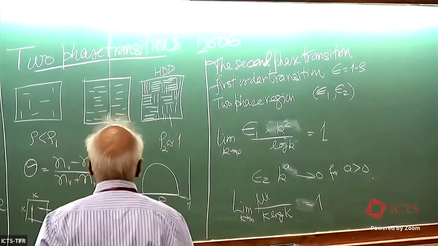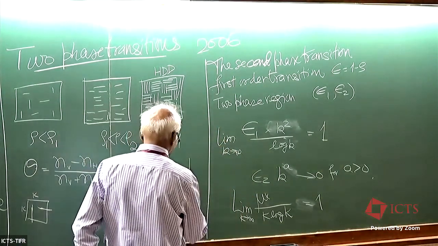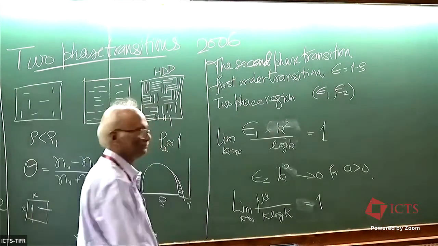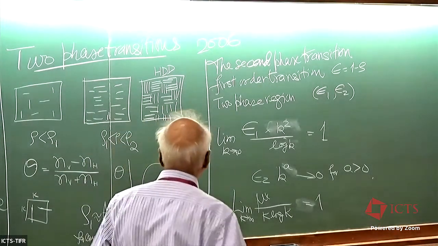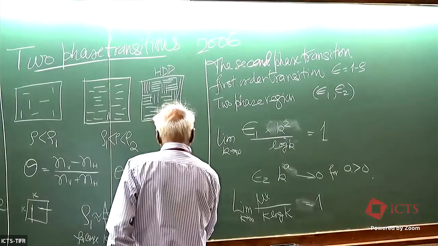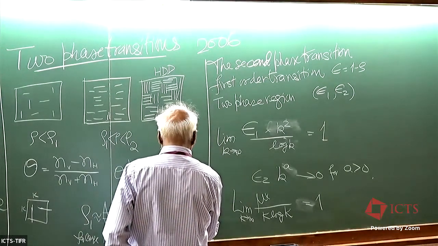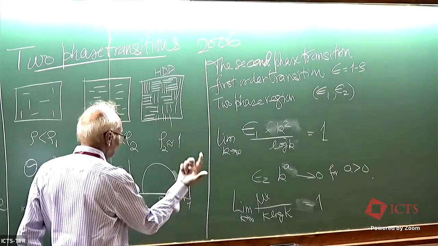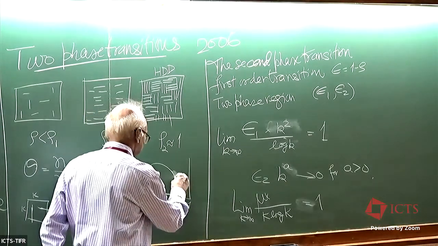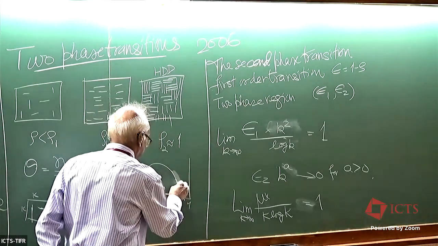So I should be careful, and I should actually draw something like this. Actually, no, because this is not a phase diagram. This is just the order parameter. So the order parameter goes to 0, and there is a jump here.